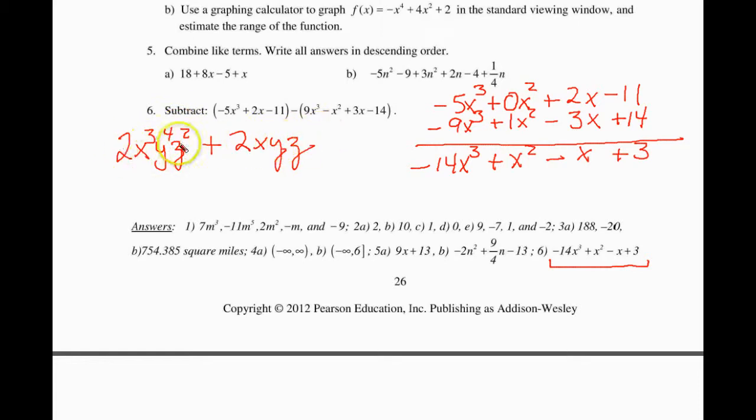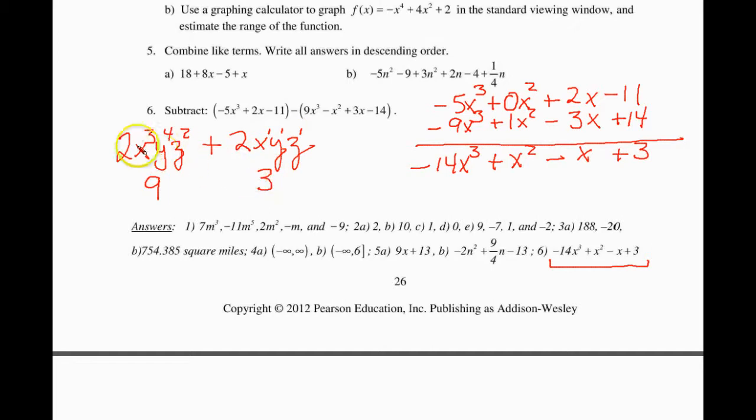What is the degree of this term? Well, we had said earlier it was the sum of the exponents on the variables. So this is going to be 7. This degree is 9. And here, these are just all 1s. So the degree of this term is 3.